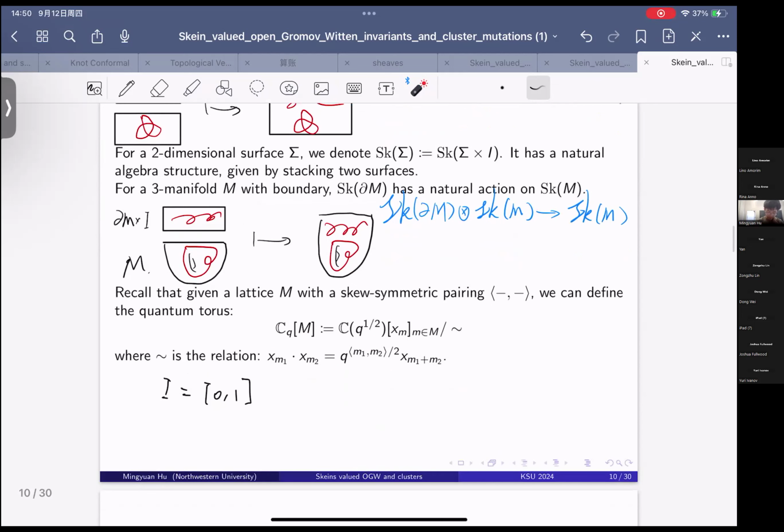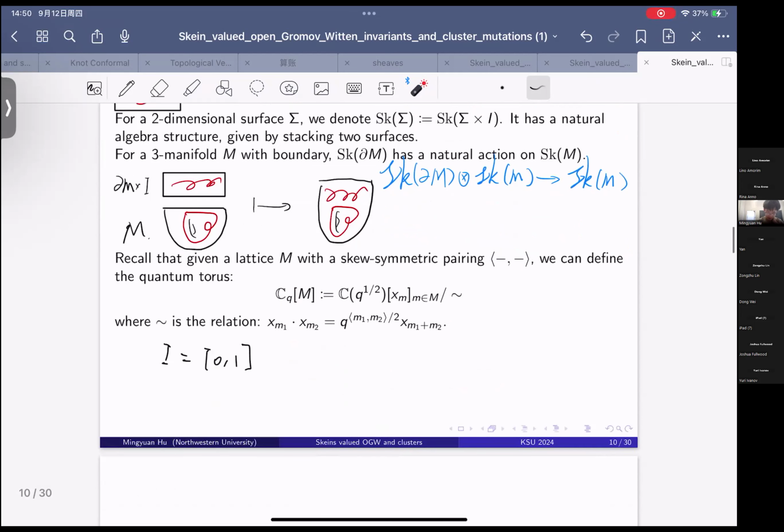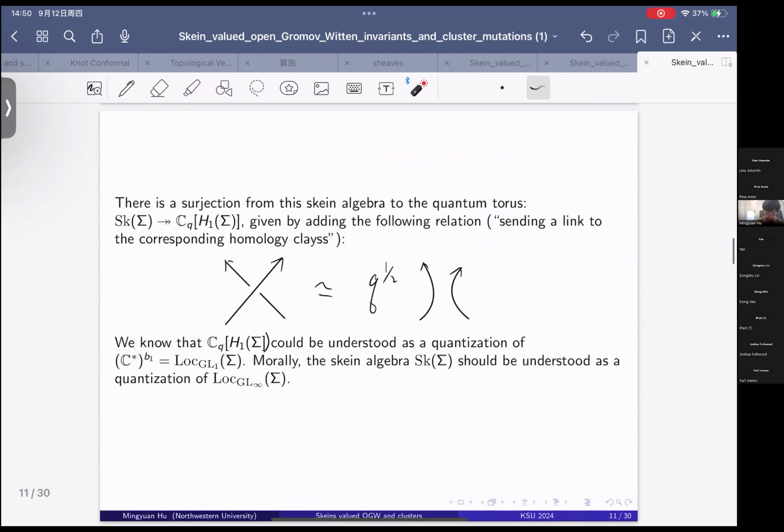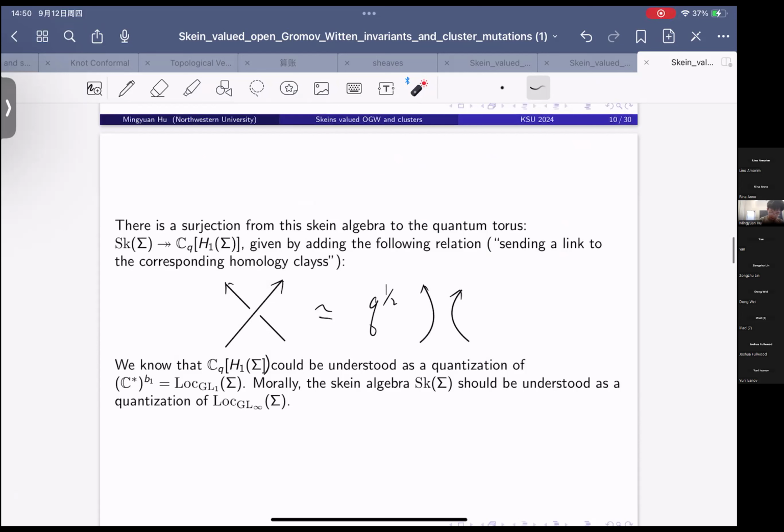If q is 1, then this is just the function ring of a torus. It's an algebra freely generated by the XM: for each M in this lattice we have a variable XM, and they satisfy this relation. In fact we have a surjection.